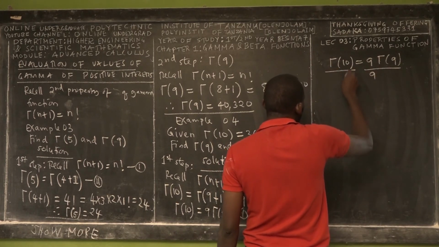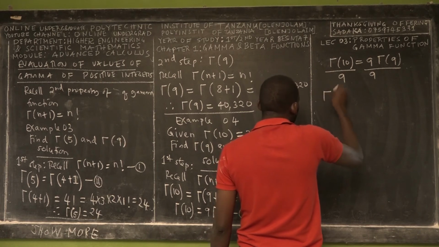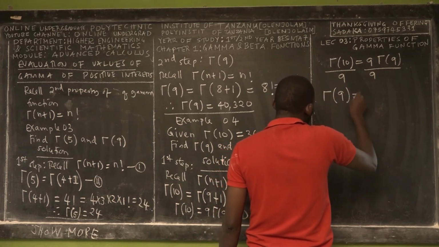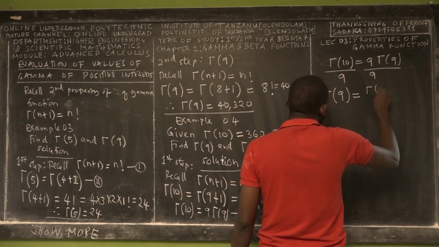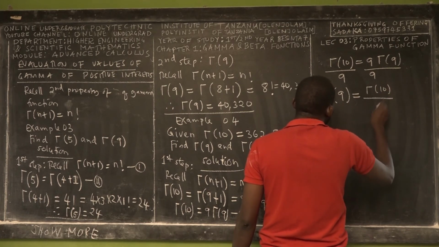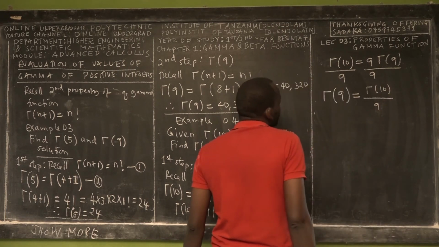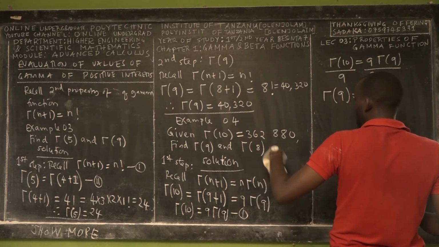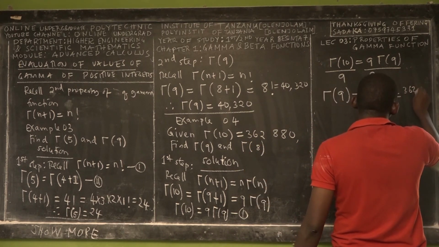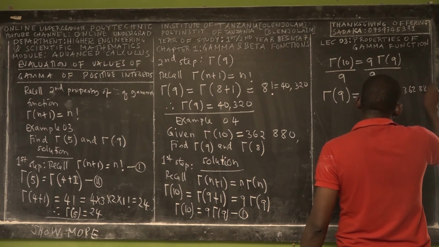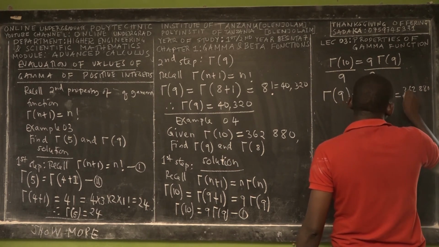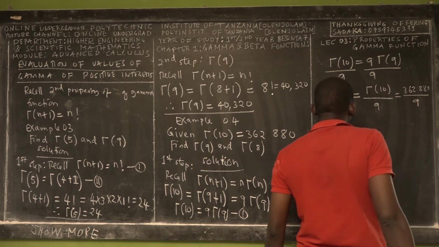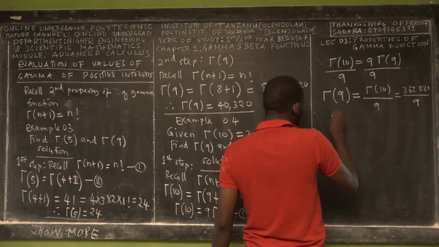So divide by 9, divide by 9. So ladies and gentlemen, gamma of 9 is equal to gamma of 10 over 9. So what is gamma of 10? Gamma of 10 will be given as 362,880 divided by 9.